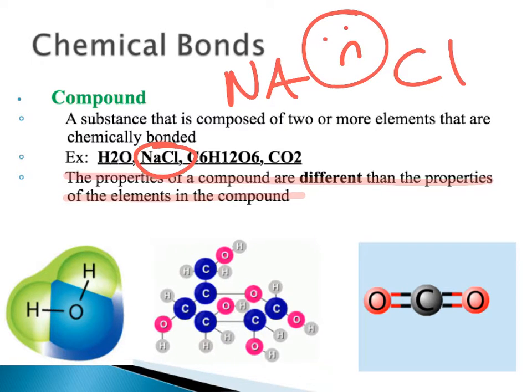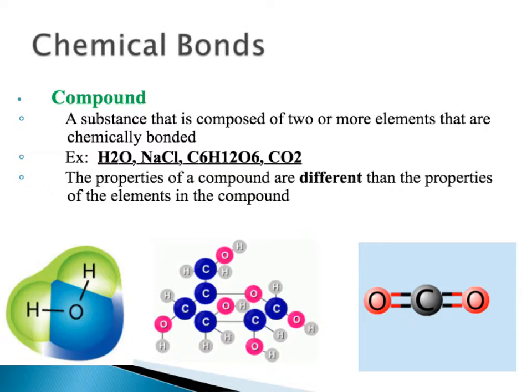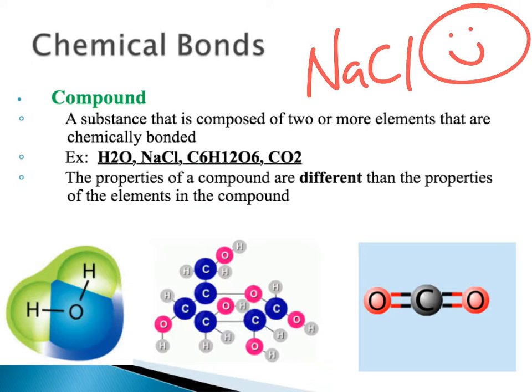Sodium is reactive with oxygen, it explodes. Chlorine is a gas that will do a lot of damage to you if you inhale it. But when they bond with each other and become NaCl, everything is happy. And we make salt, which we can eat without harming ourselves.